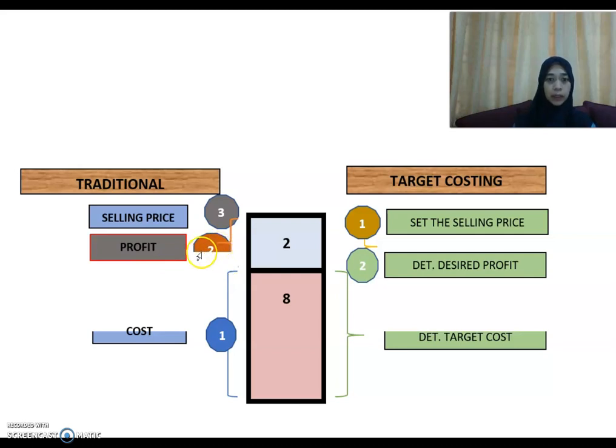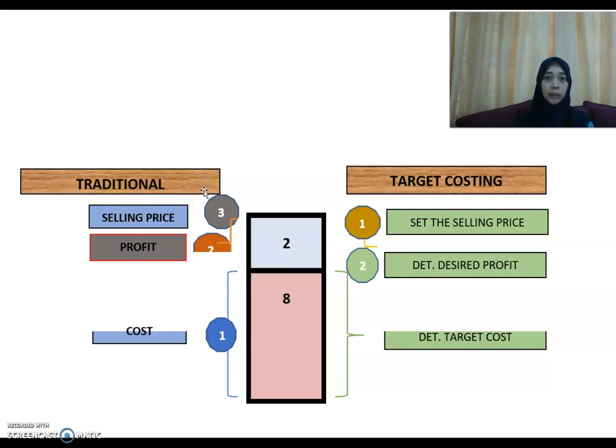For example, you want to have a profit margin of 20%, so you will have 2 ringgit here. I just take a small figure. So your cost is 8 and then you add a profit of 2. The third step is you determine the selling price. So 8 plus 2, you've got 10. So that is the traditional method of determining the price.